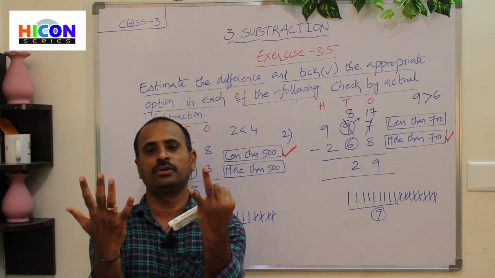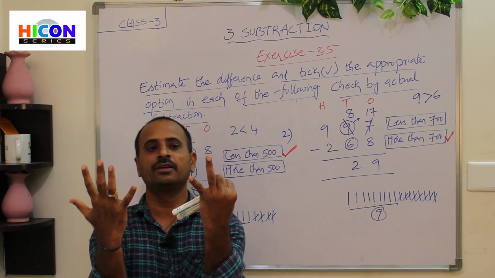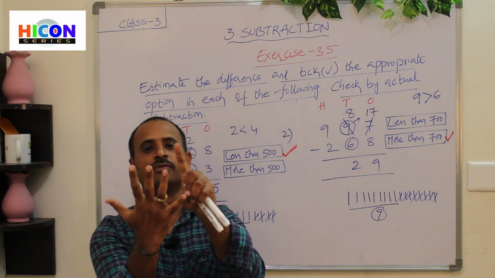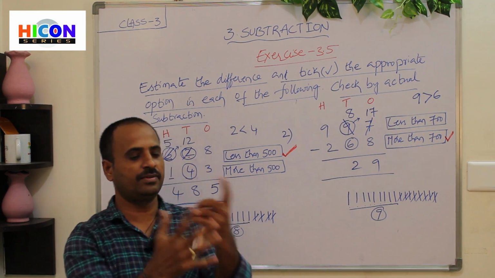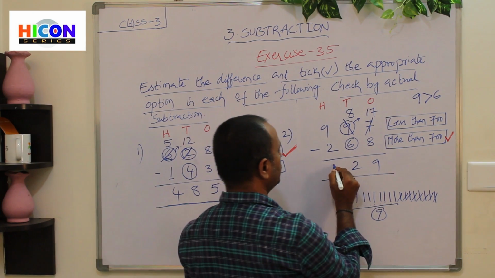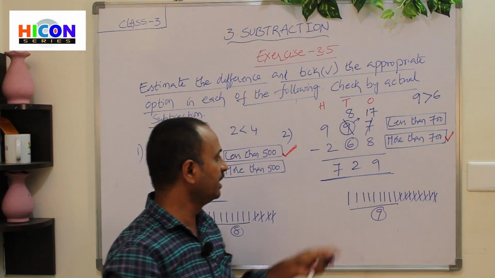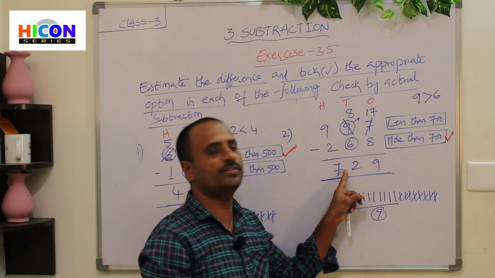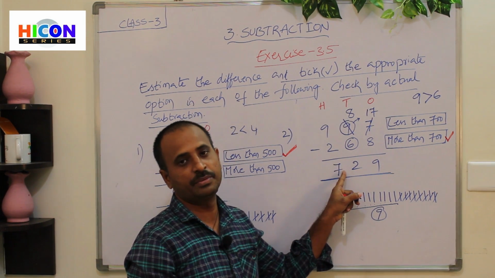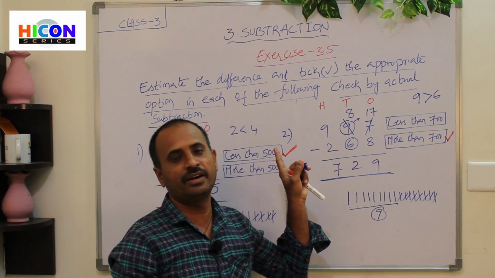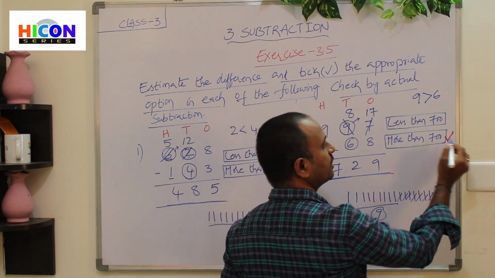How many fingers are remaining? 1, 2, 3, 4, 5, 6, 7. There are 7 fingers remaining. So the answer is 729. Whether it is greater than 700 or less than 700, it is greater, that means more than 700. So our estimation is correct.